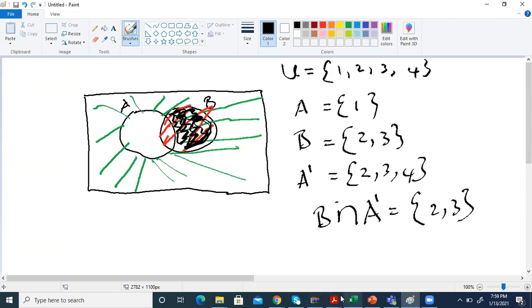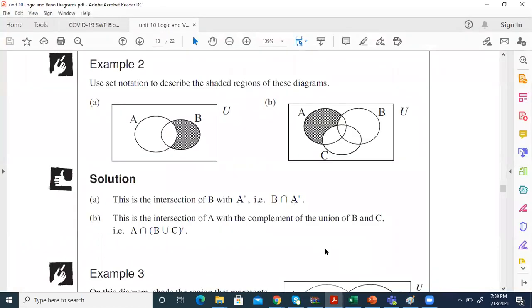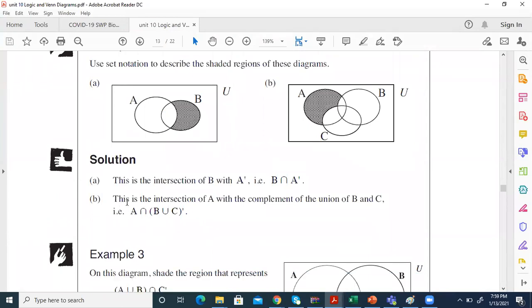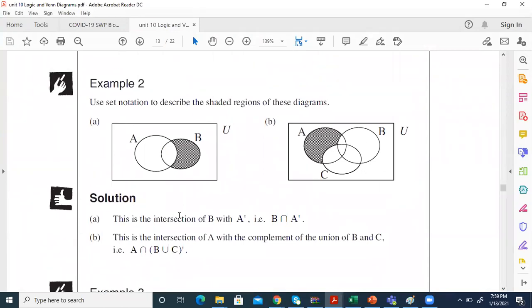And the answer is this is the intersection of A with the complement of the union of B and C. Now this is way more interesting, but with everything, if you can break it down and find the simple sets first, what I mean is, if you can find B union C, and after you find that set, then you find B union C complement, and then you find A intersect B union C complement, then you can find this whole thing.